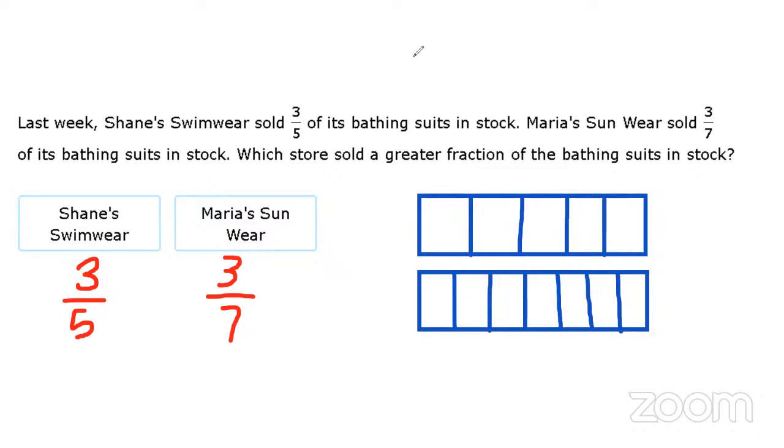All right, so these are expected to be the same sizes, not drawn to scale. Now I'm going to shade 3/5. All right, and I'm going to shade 3/7. And you know what? I am not comfortable with this drawing.